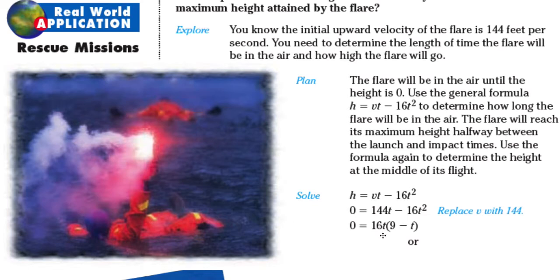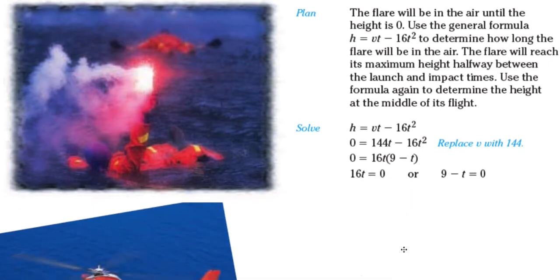Using the zero product property, we have 16t equals 0 and 9 minus t equals 0. Solving for t, we have t equals 0 and t equals 9.